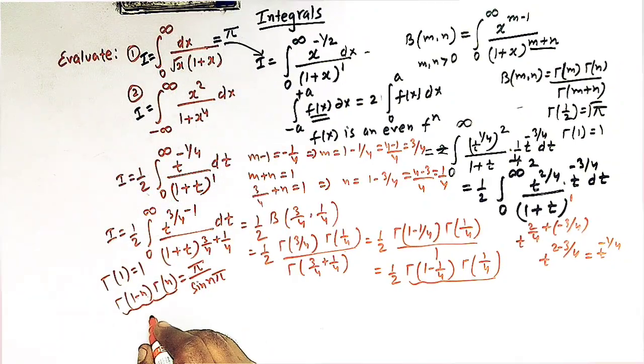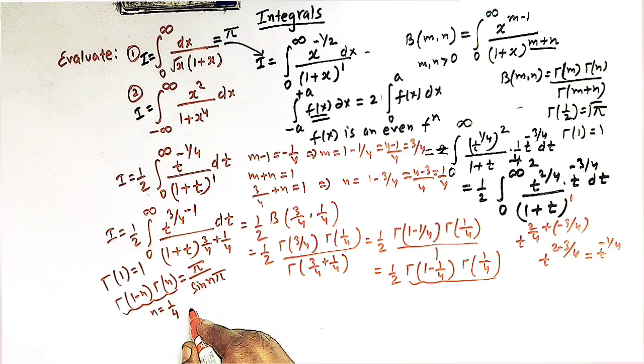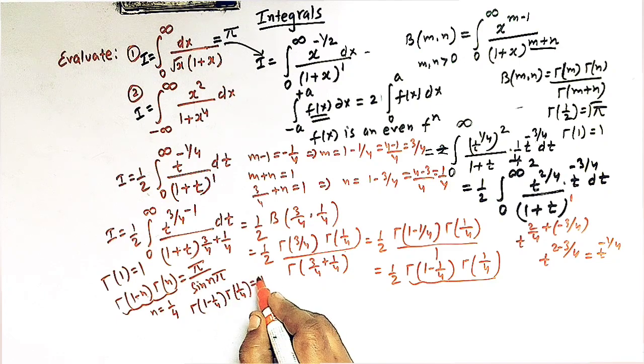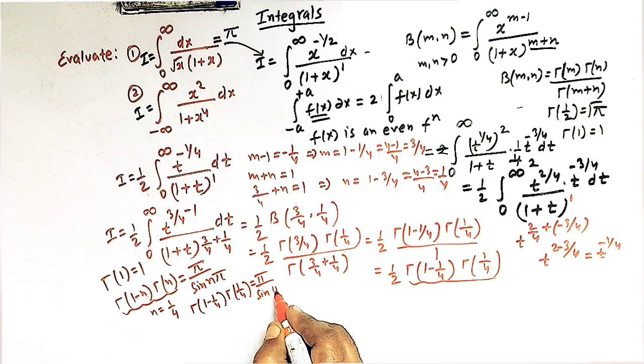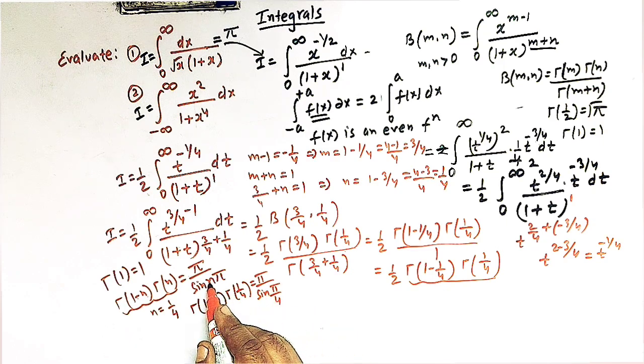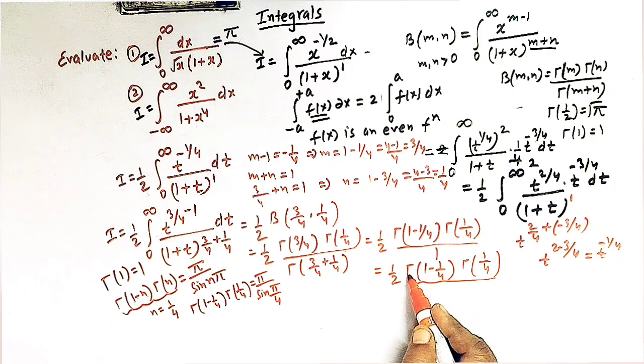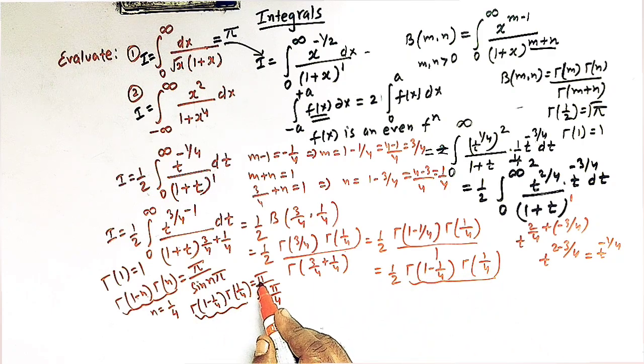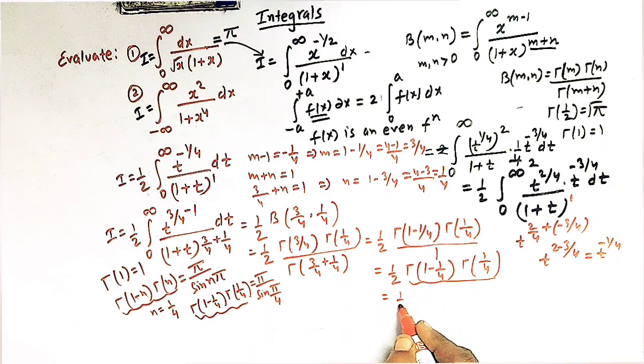So now if we take n is equal to 1 over 4 in this formula, then we have gamma 1 minus 1 over 4, gamma 1 over 4, that is pi over sine pi by 4. So this expression is equal to pi divided by sine pi by 4. So here we can now write half and pi over sine pi over 4.